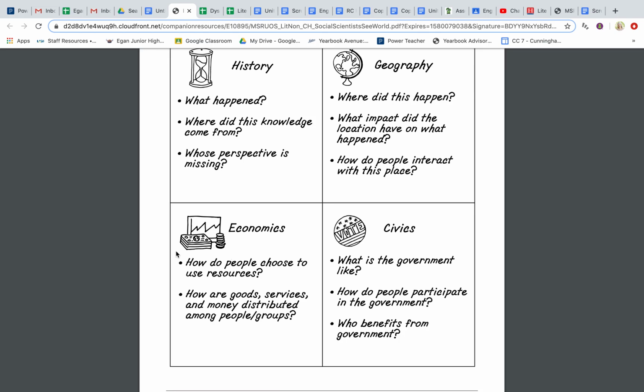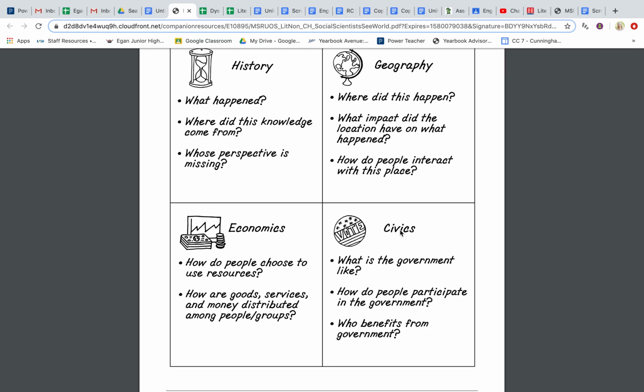The next one is how are goods, services, and money distributed among people and groups? That is huge. That's going to tell you a lot about the society and the way it's set up, and if there's a caste system, all of that information can be helpful for really understanding the full implications of what's happening in your books.